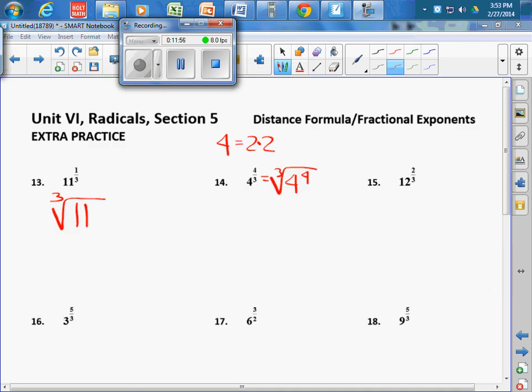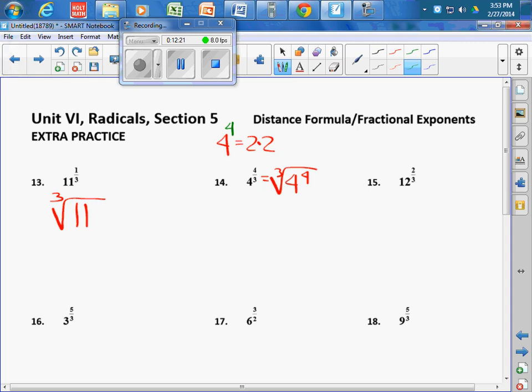Number 13 would just be the cube root of 11. Number 14, look at what we have. We have 4 to the 4/3 power. That would be the 3rd root of 4 to the 4th. Now, 4 is 2 times 2, right? And underneath the radical, how many of them do I have? I have 4 of them. So I need 4 sets of 4.